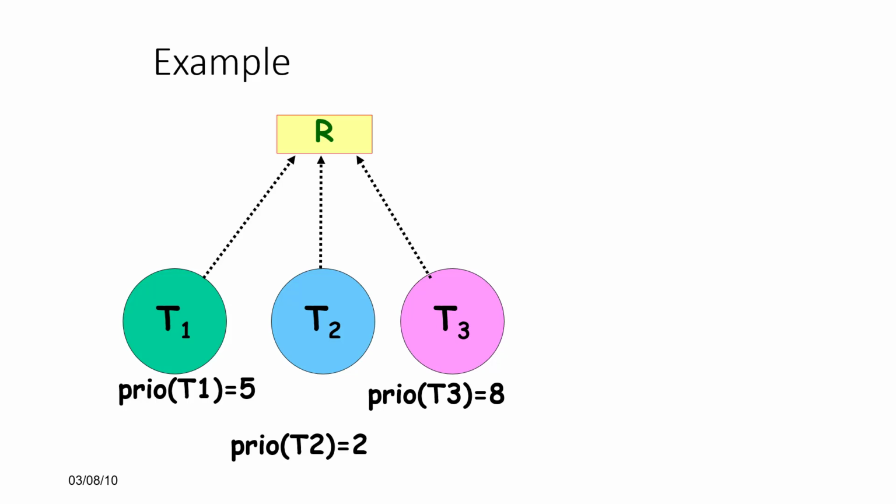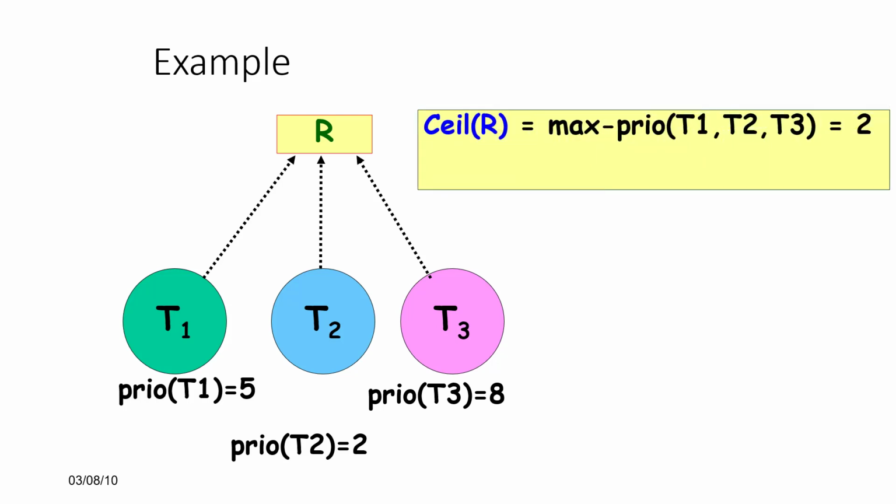Of course, the correlation between the priority and the number: in some examples, lower the number, higher the priority. In some cases, higher the number, higher the priority. But for the specific example, I will explain. In this particular setting, lower the number, higher the priority. So we have three tasks, with priorities 2, 5, and 8, and the highest is 2.